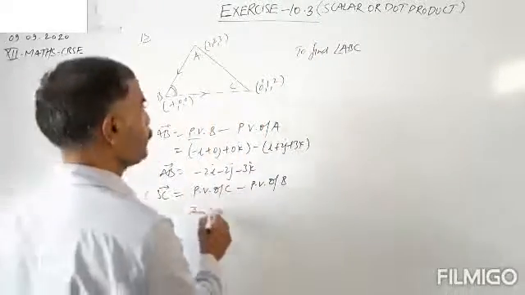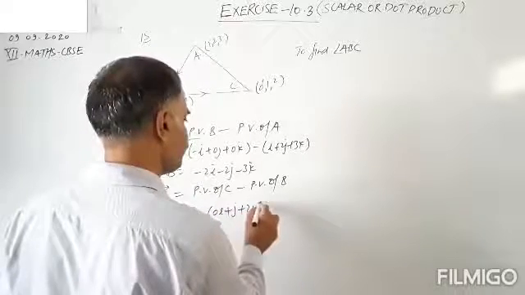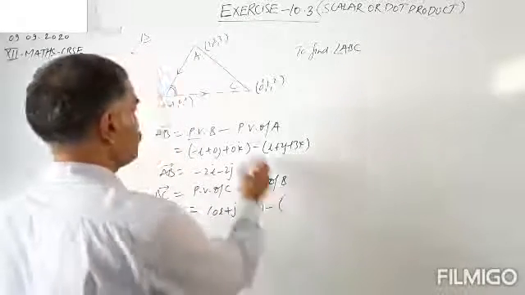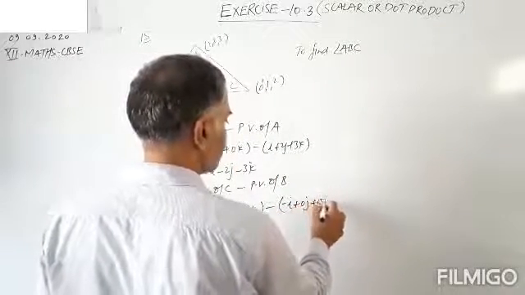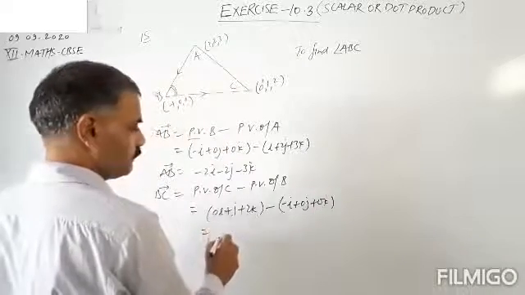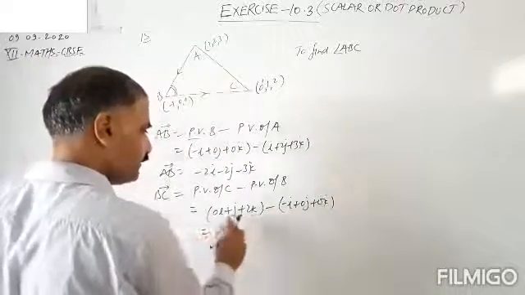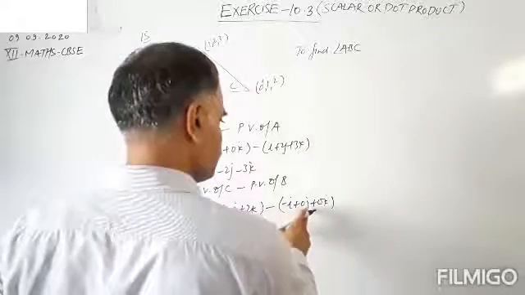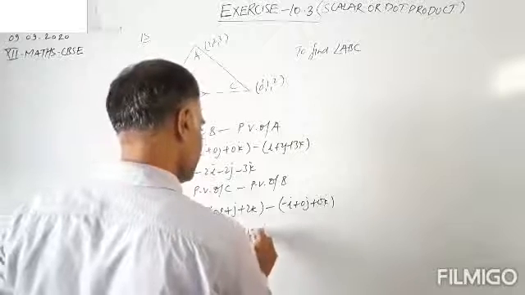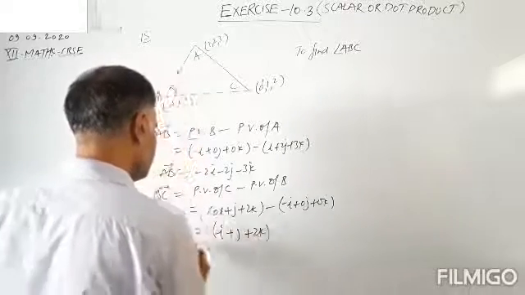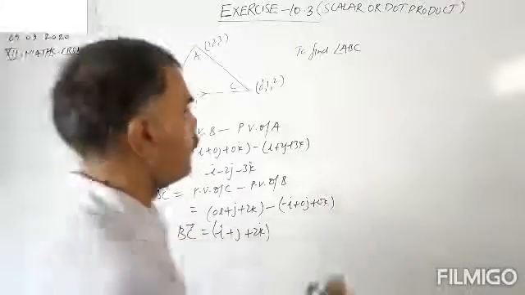So position vector of C is 0 I cap plus j cap plus 2 k cap, minus position vector of B, that is minus I cap plus 0 j cap plus 0 k cap, which is equal to I cap plus j cap plus 2 k cap. This is AB vector, this is BC vector.